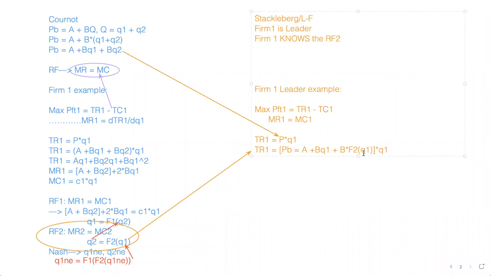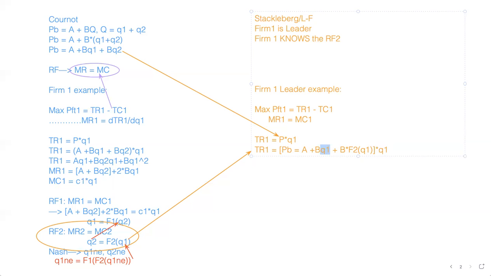Because we introduced the reaction function of firm 2 into the demand equation, now firm 1, in the leader-follower model as the leader, has a total revenue that depends only on the output of firm 1. Can you see that, Emily? There are only Q1s here.